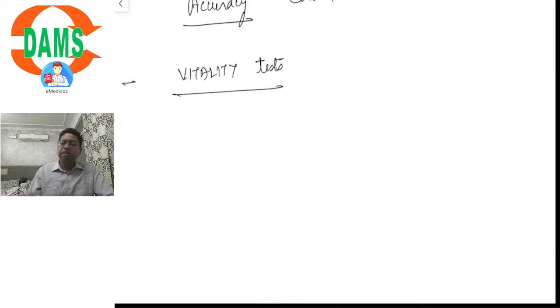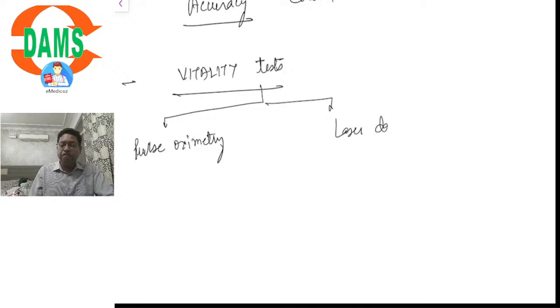Vitality tests measure the blood circulation. The principal vitality tests are pulse oximetry and laser Doppler flowmetry.